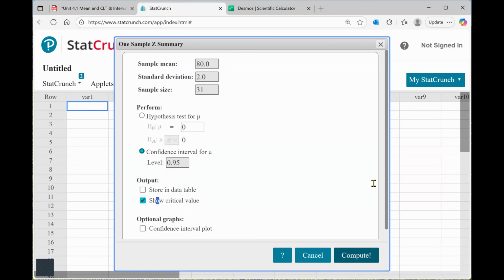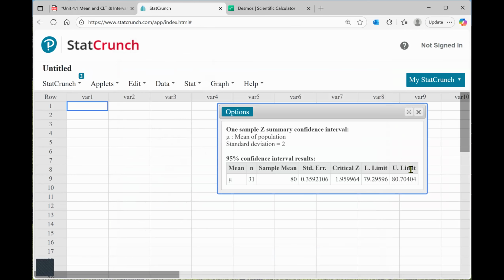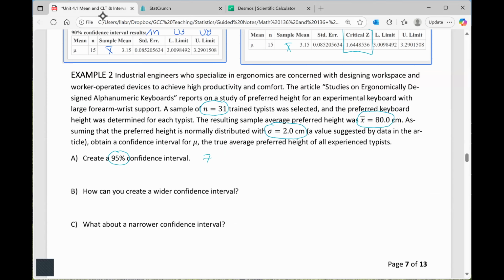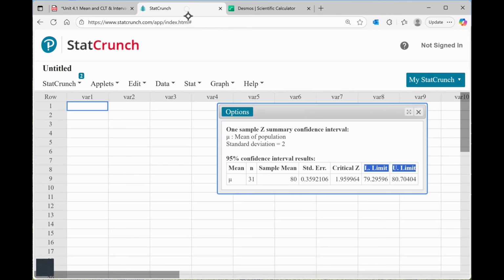Hit enter, and note that our answer is here in the lower limit and the upper limit. So we can go ahead and write this down. Let me round this to one decimal, so I'll just leave it at 79.3, comma, the other value, 80.7.